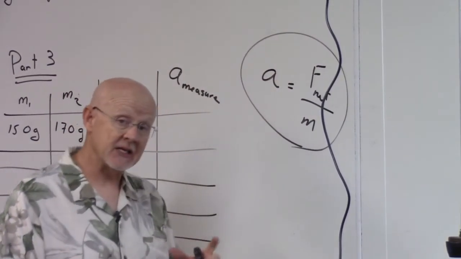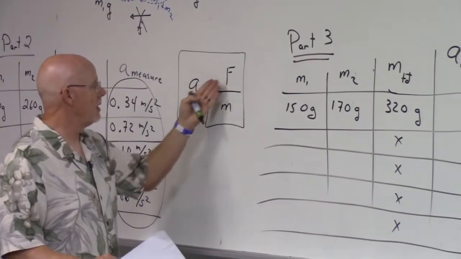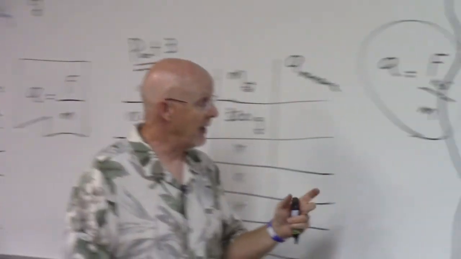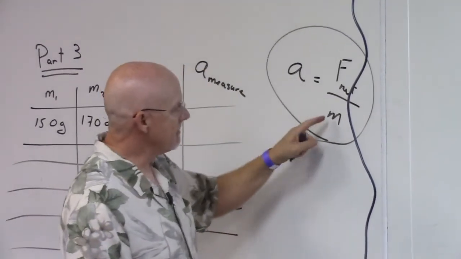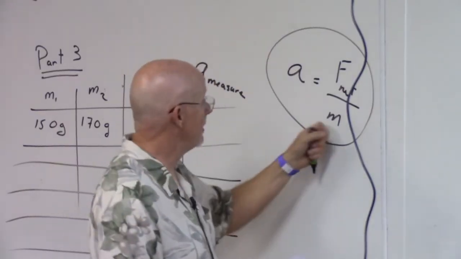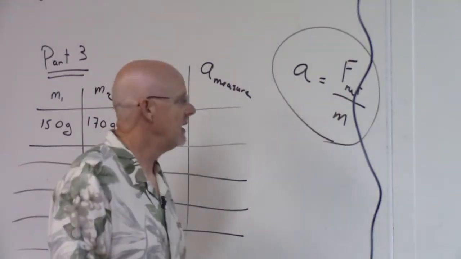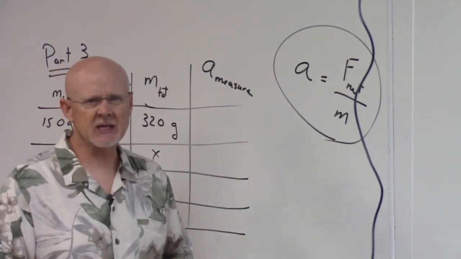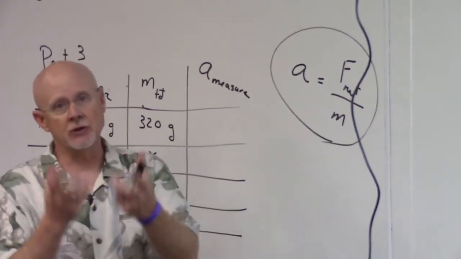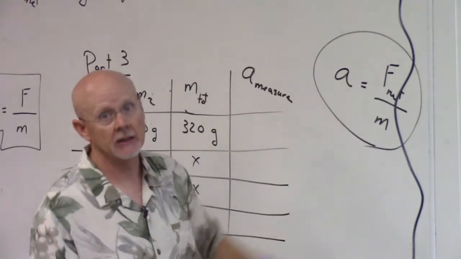And so if I can use some fancy math terms, in part 2, since it's in the numerator, we should see a pattern that is proportional. But in part 3, since the mass is in the denominator, we should see a pattern that is inversely proportional. And so hopefully you'll see that, because again, the idea of plotting this data and collecting this data is to convince you that Newton's law actually works. And that's why we're measuring the accelerations, not calculating them.